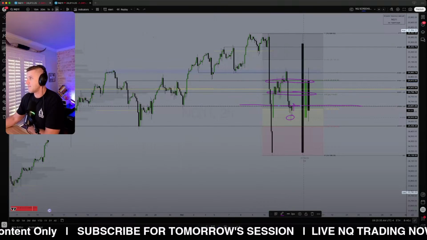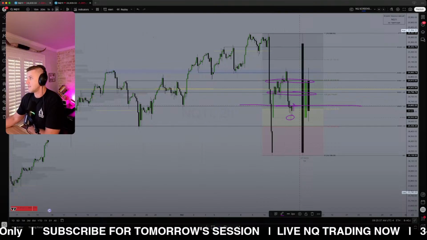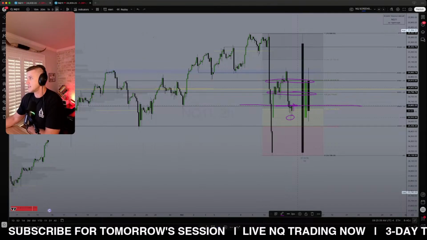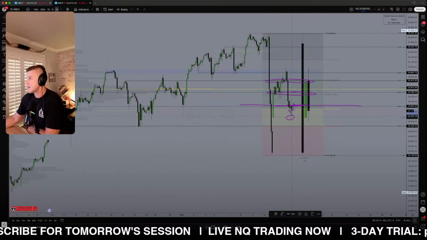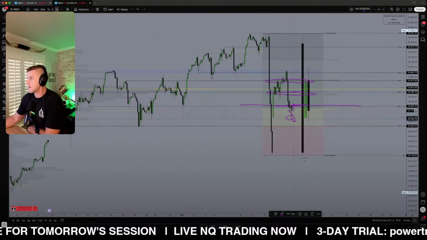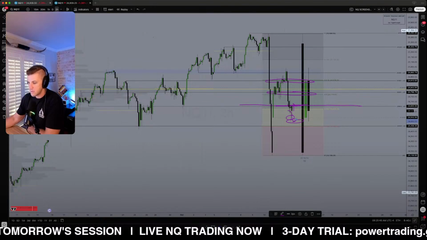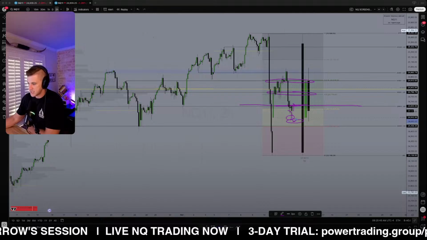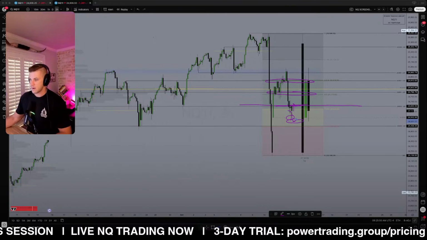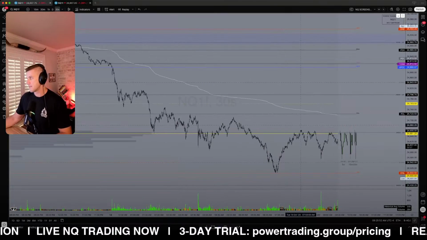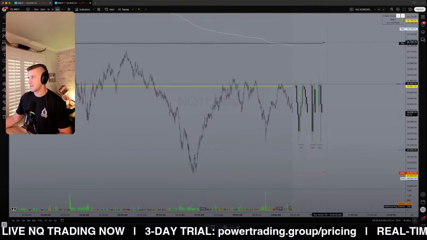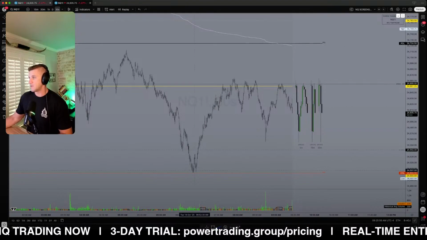Now, if 655 fails, if we see sellers continue to defend that point, I want to watch how price responds to the overnight low, which as of right now looks like 502.5.